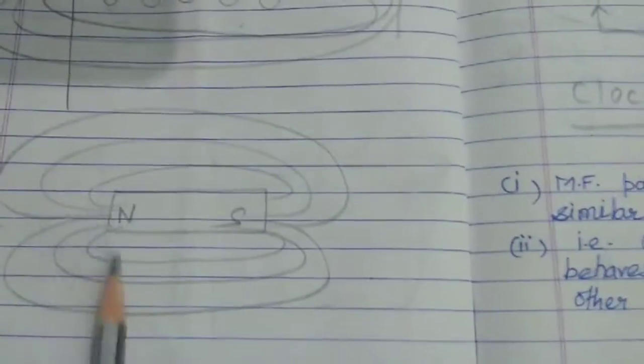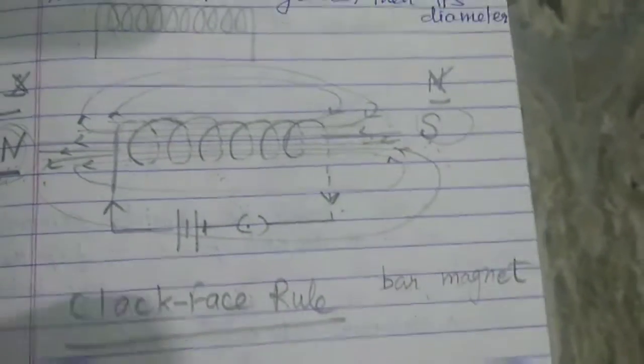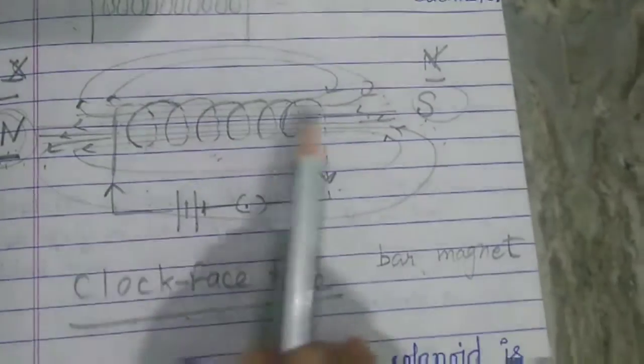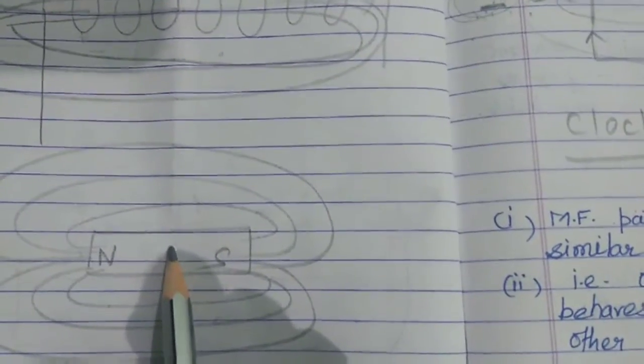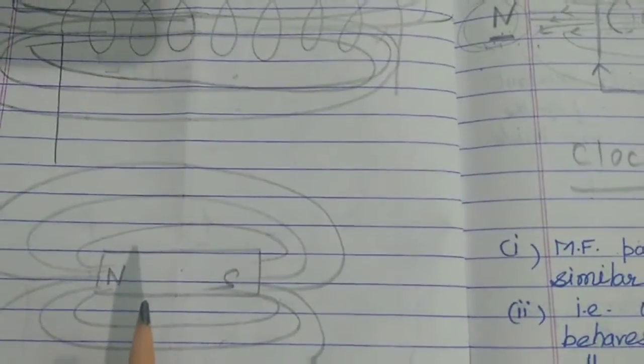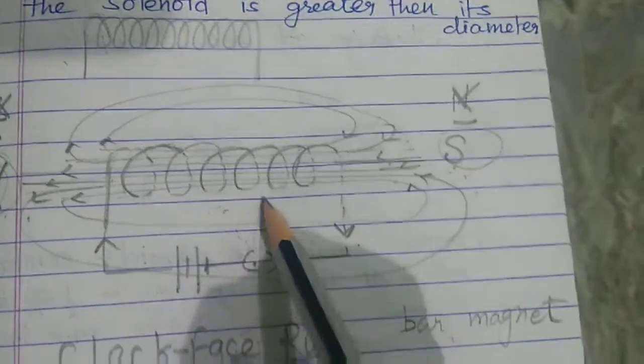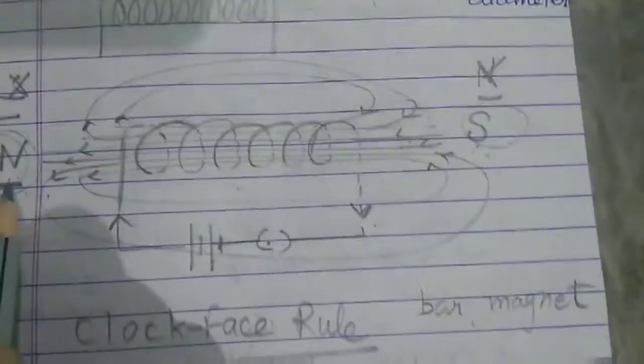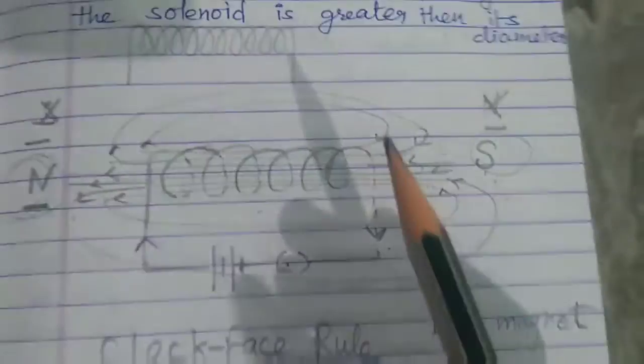That means the magnetic field due to a bar magnet and the magnetic field due to a solenoid resemble each other. So we can say that a solenoid, when current flows through it, behaves as a bar magnet. Understood? If it is behaving like a bar magnet, it has one end south and one end north, that means poles.